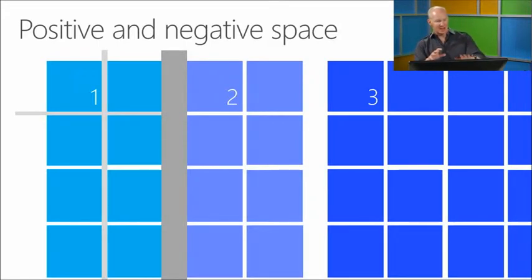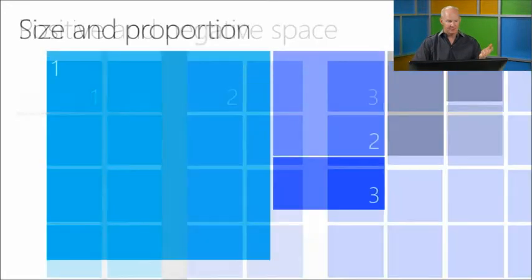But with this 80 pixel negative space between group 1 and group 2, I can see that those are two unrelated, different groups of items. So I'm using positive and negative space to my advantage to communicate something about my content without falling back on controls and grid lines that clutter up the UI and distract from my app.